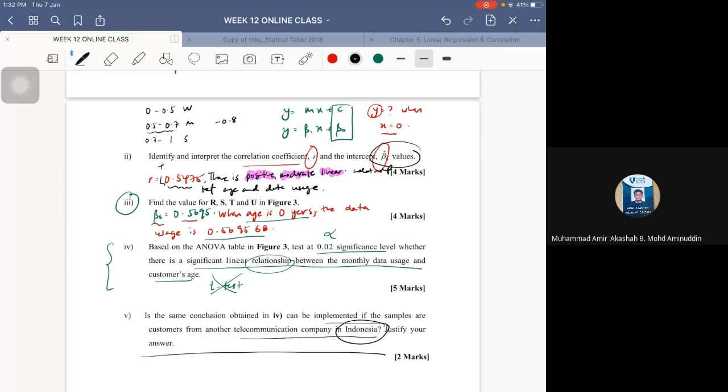But if we use a different population, it has to be the same population, then only can we implement.